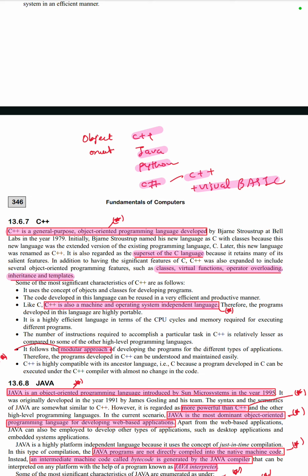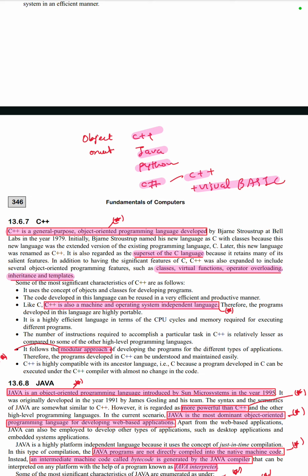It is also regarded as the superset of C language. It has several object oriented programming features such as classes, virtual functions, operator overloading, inheritance, and templates.